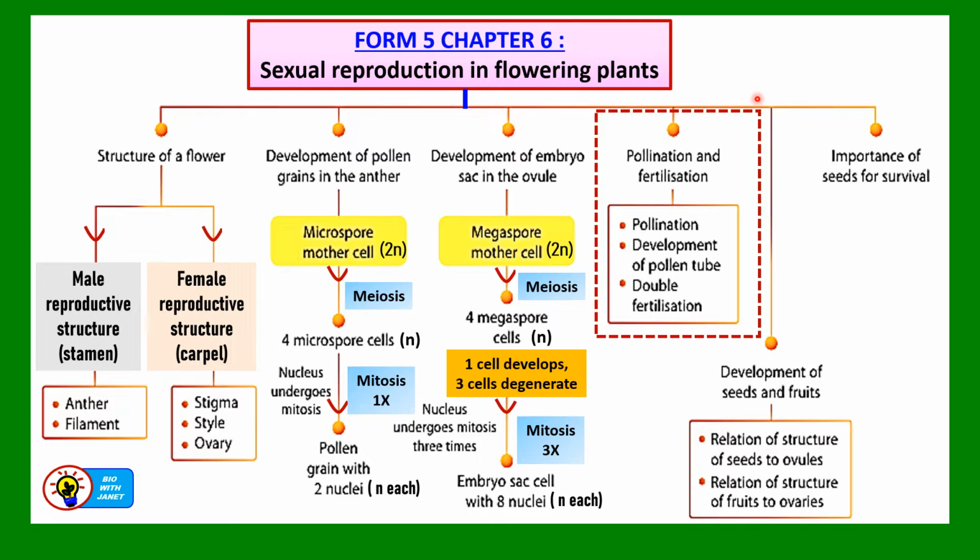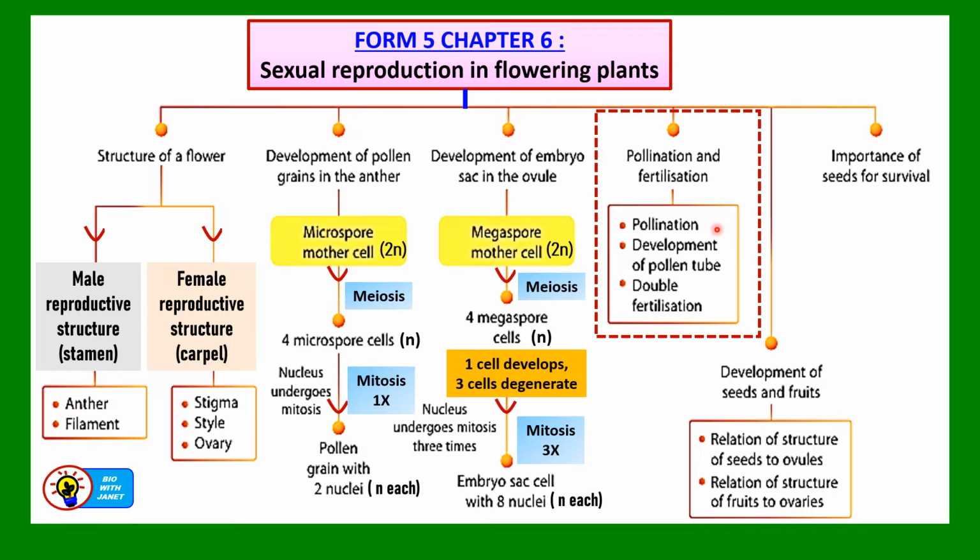So let's look at an overview of this chapter, Form 5, Chapter 6, Sexual Reproduction in Flowering Plants. In the first video, we discussed the structure of the flower, and then in the second video, we discussed the development of pollen grains in the anther and the development of the embryo sac in the ovule. So in this third video, we will discuss pollination and fertilization.